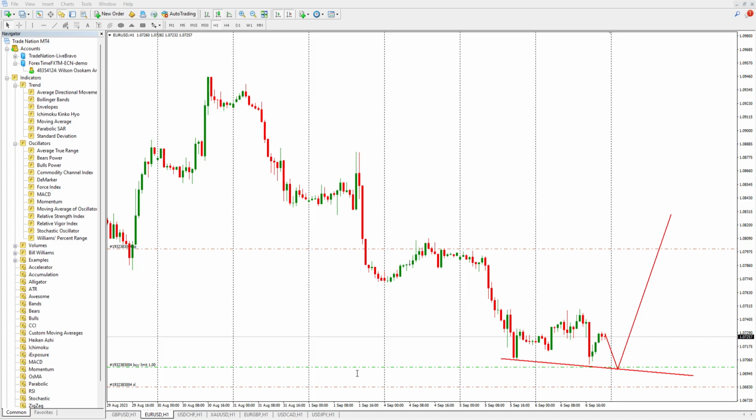Alright, so any question? I'll call out the parameters for all we've done, especially for these last two. For Euro USD, the buy limit entry was 1.07. Take profit, which is TP, so TP means take profit, is going to be up, which is 1.08, and our stop loss is 1.0683.